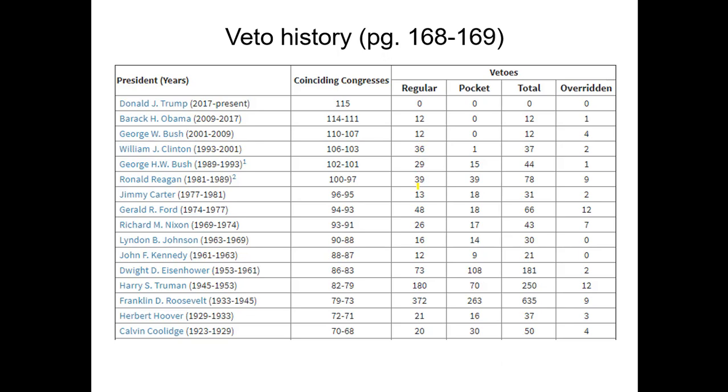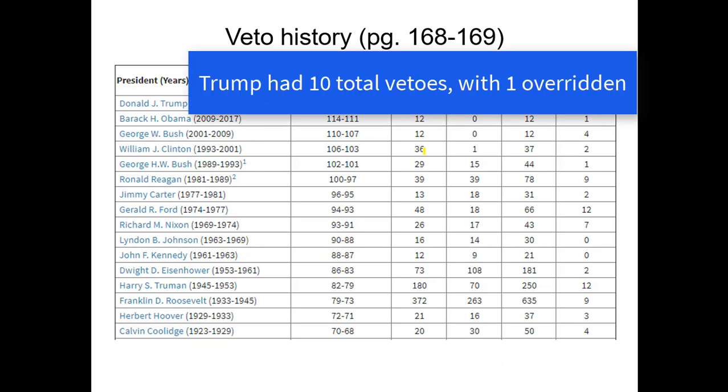In the last couple of decades, considerably fewer vetoes because there's actually been less productivity of Congress. So that kind of makes logical sense. If your Congress is passing fewer and fewer bills, you're going to have fewer and fewer opportunities for vetoes, as well as fewer and fewer overriding vetoes as well.